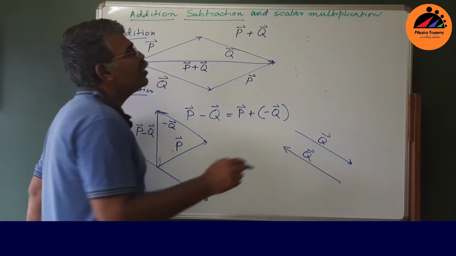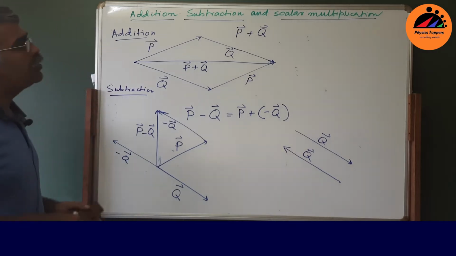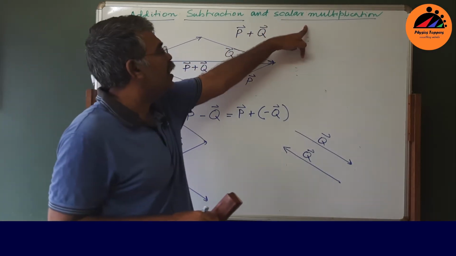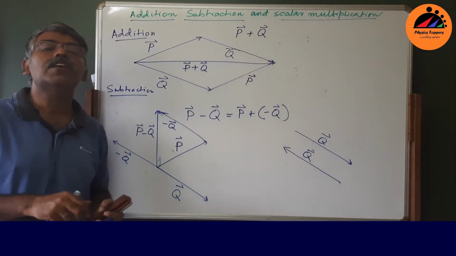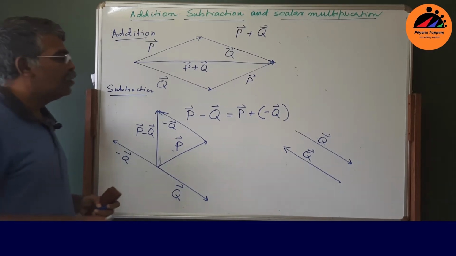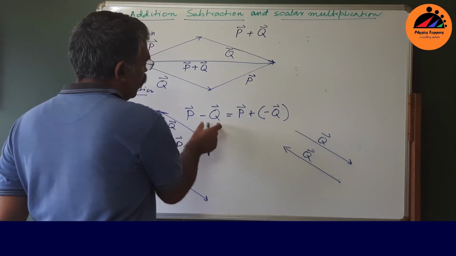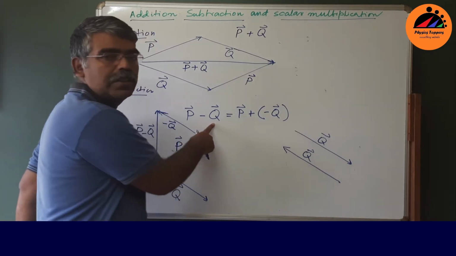Now here is another thing which I have already written here and I have already done implicitly, just check, is scalar multiplication. Scalar multiplication means multiplication of a vector by a scalar. So what I have done is I have multiplied minus 1 with Q, see.